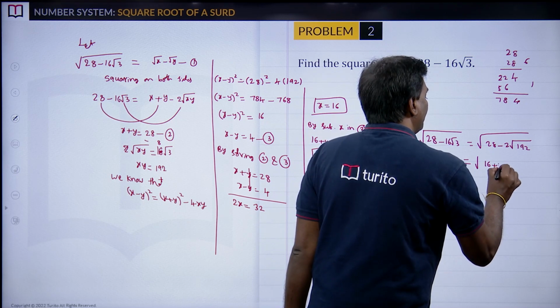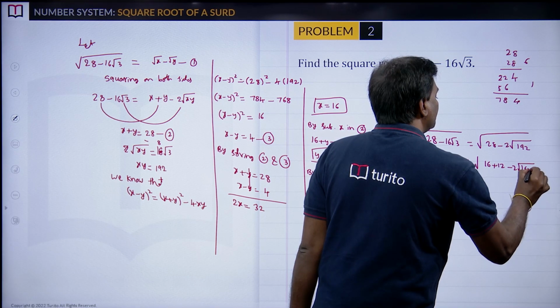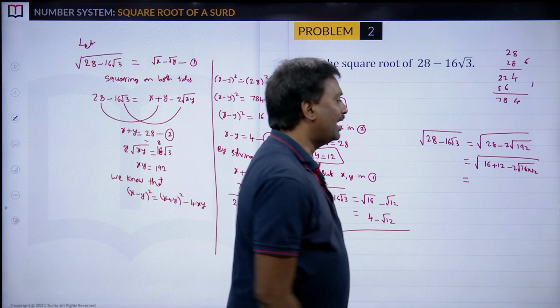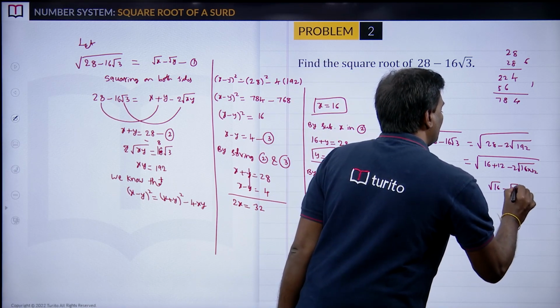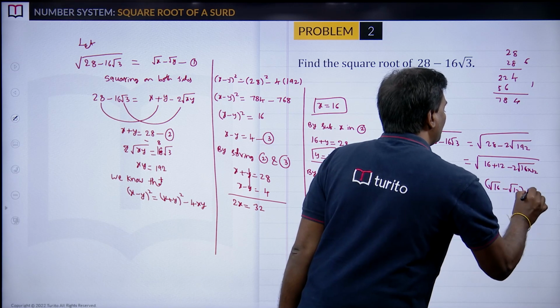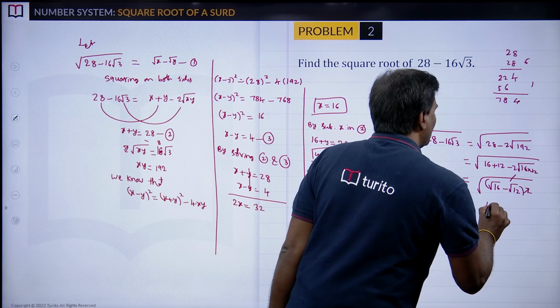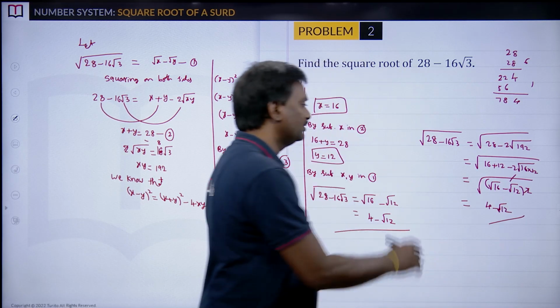So 16 plus 12 minus 2 into square root of 16 into 12. Now this part can be written as root 16 minus root 12 whole square under square root. Square root and square get cancelled. We have root 16, 4 minus root 12. So we got the same answer.